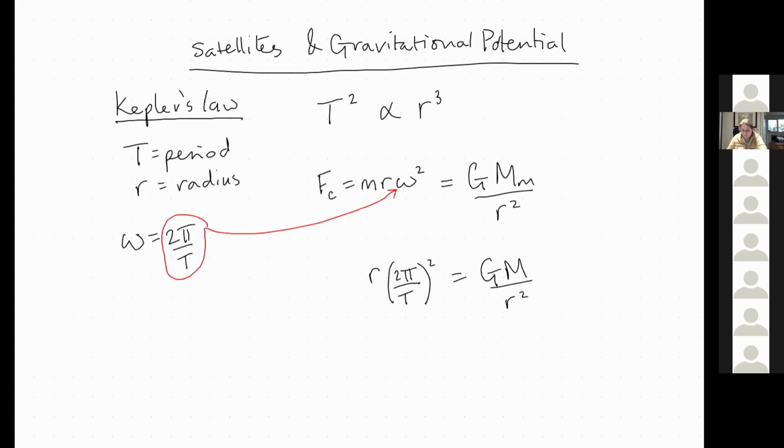Right, now I'm going to put this r squared up, and I'm going to put this T squared up, and you can see that we get r cubed is equal to, and I'm going to put my T squared up there, and then I'm going to put everything on the right hand side with the T squared. Why not? So it's going to have G, and then this 2 pi is all squared, so it's over 4 pi squared. So actually, let's delete that line and make it a bit shorter.